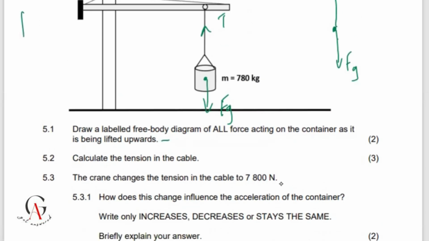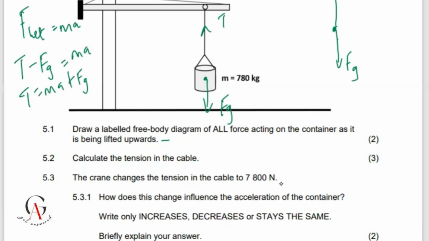Then they want us to calculate the tension that is within the cable. So still from F net is equal to MA. We know that our tension minus the FG, since it's being lifted up, which means the tension must be greater, should give us the MA. The question wants the tension, which means it will be the MA plus the FG.